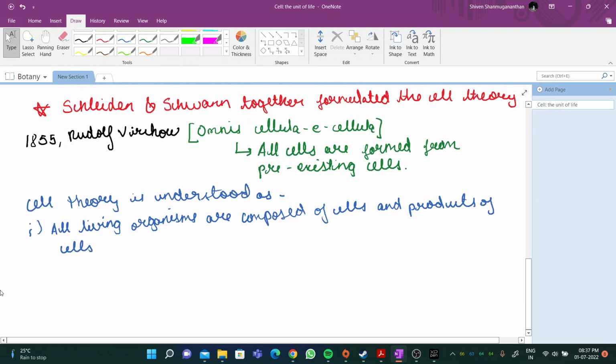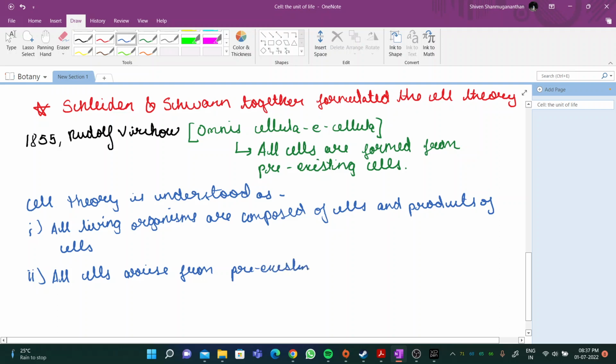Now the second observation we have here is that all cells arise from pre-existing cells.